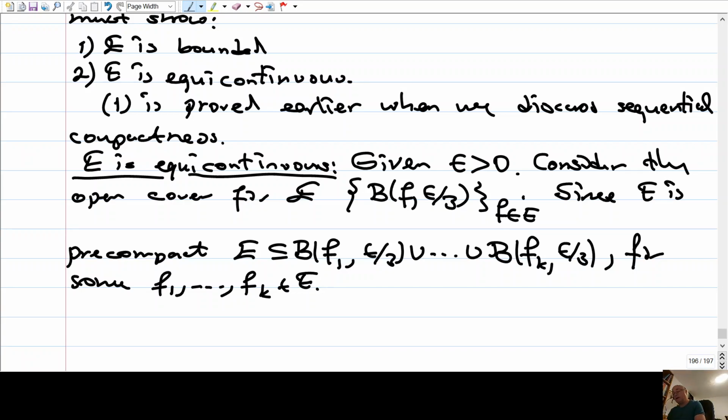Whenever an epsilon is given, you may find finitely many balls.